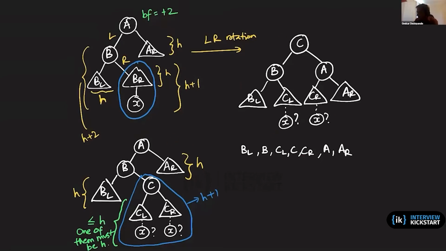After the rotation also it's the same ordering: B sub L, B, C sub L, C, C sub R, A, and A sub R. Now let's look at the heights. B sub L had a height of h. A sub R had a height of h. Now, at least one of C sub L and C sub R has a height of h. I'm just going to call this less than or equal to h, but at least one of them must be h.